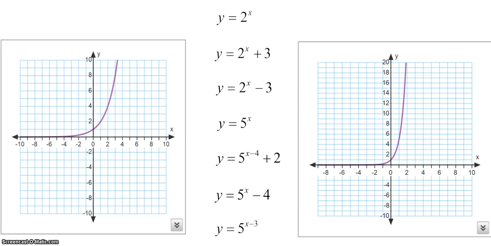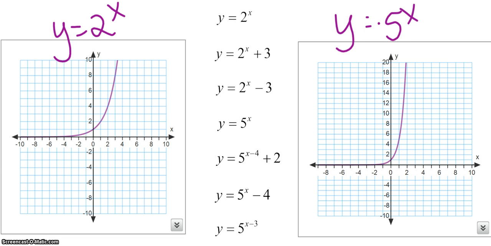Alright, so looking at these two, I have y equals 2 to the x graphed on the left, and y equals 5 to the x graphed on the right. You're probably wondering how both of these are a parent function. The reason is, first off, their k is equal to 0 because they don't have plus anything here, so this is a plus 0.